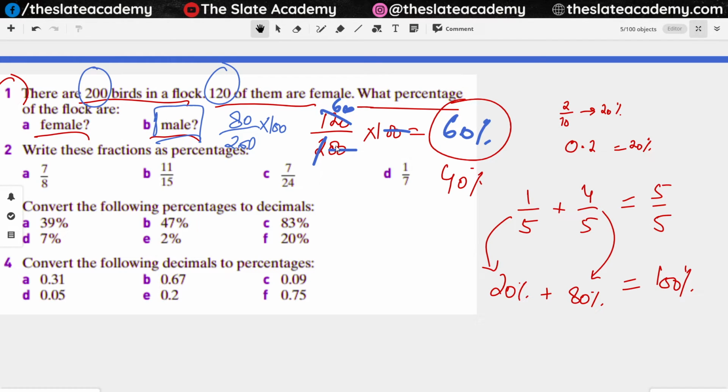What's the percentage of students? So total students in the class are how many? Total students are 5. Those who are present are 4. So my question is, what is the percentage of students who are present and what is the percentage of students who are absent today?